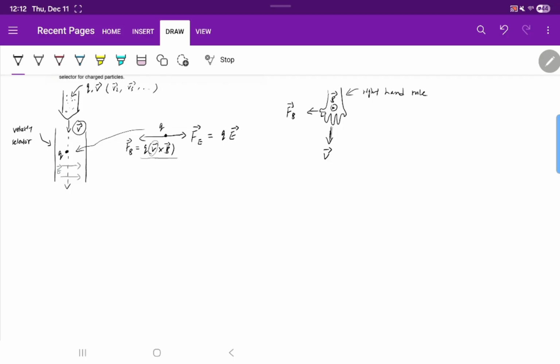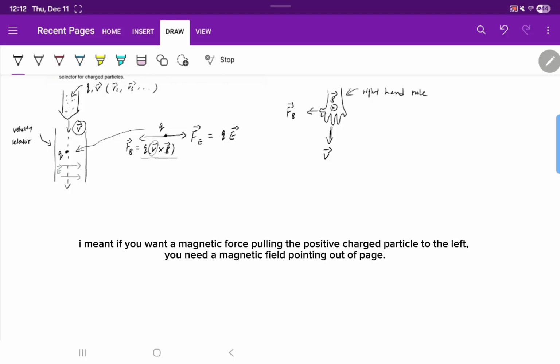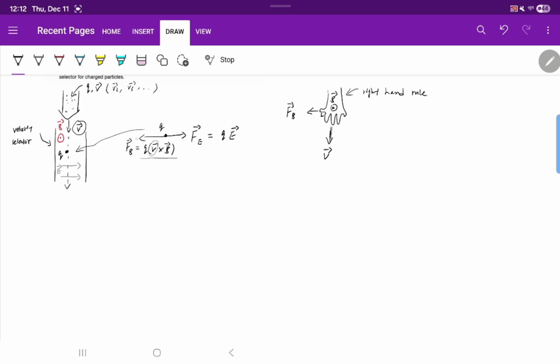In this case, if you want a magnetic force pulling to the left, you must have a magnetic field pointing off the page. So let's draw that here. Right now you have two forces, the magnetic force and the electric force.